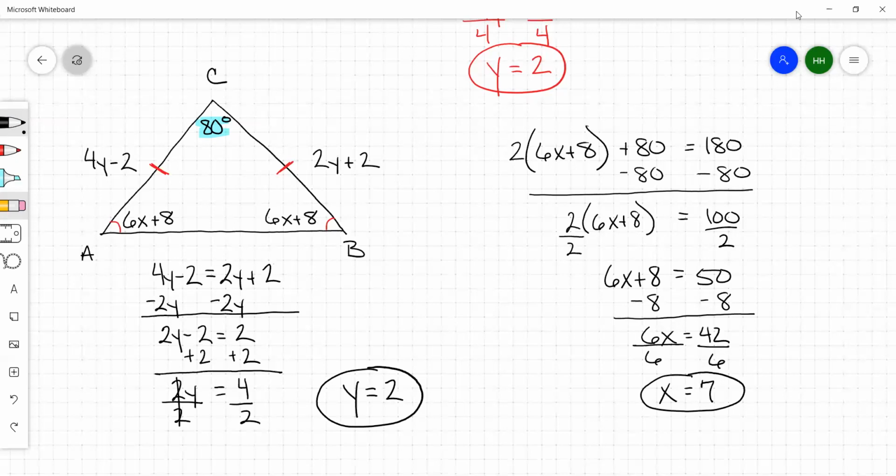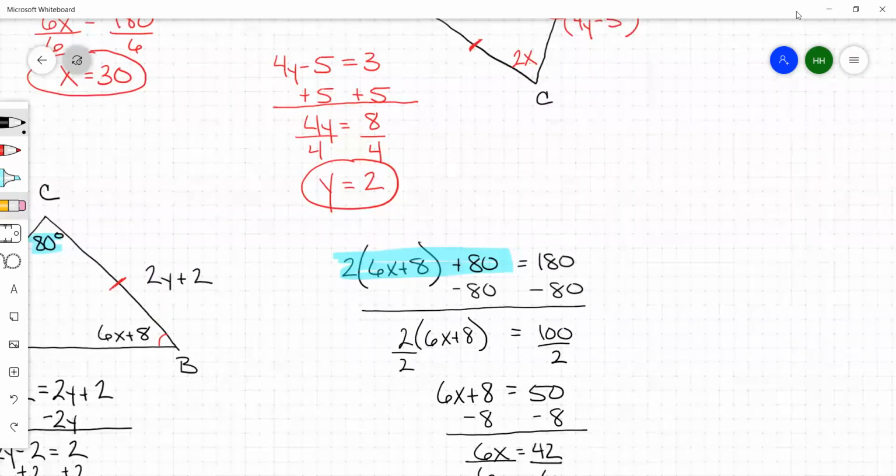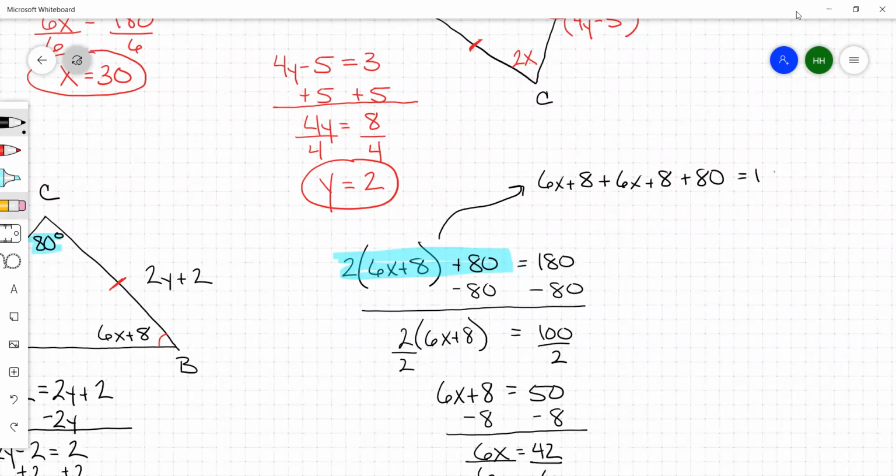We could have written, let me try to show you this. All of this right here would be the same as writing 6x plus 8 plus 6x plus 8 plus 80 equals 180.